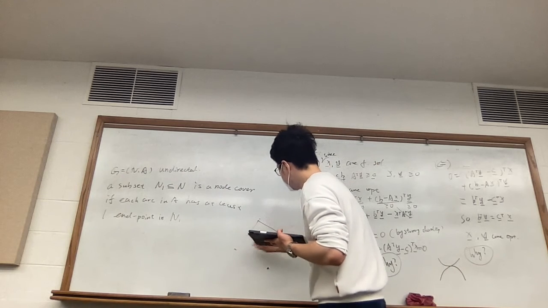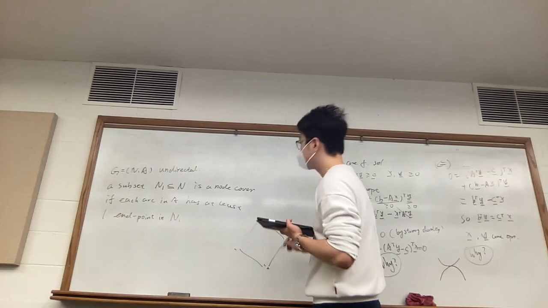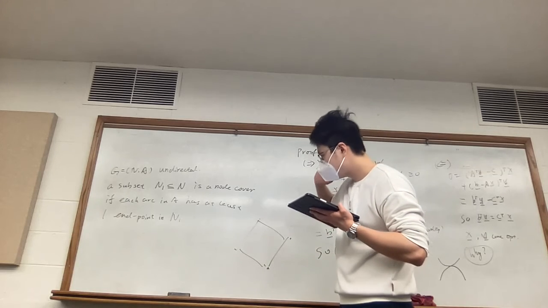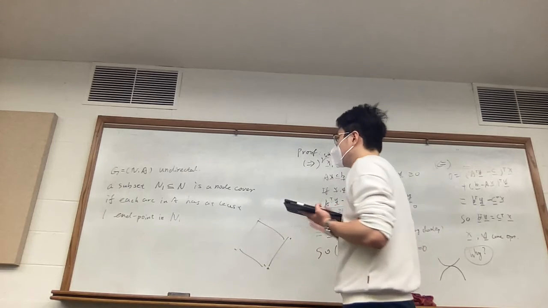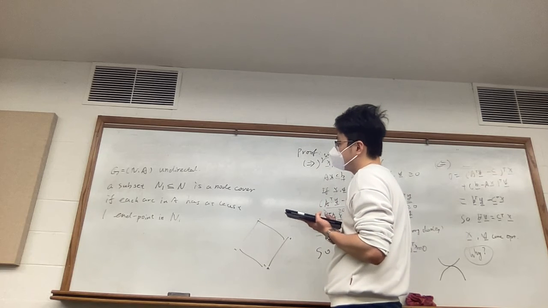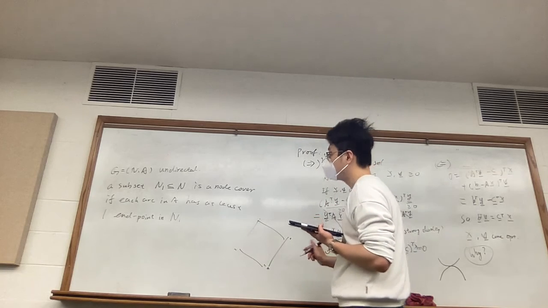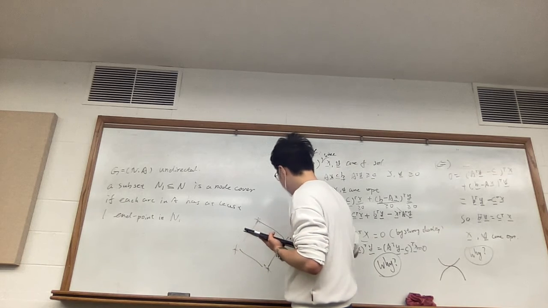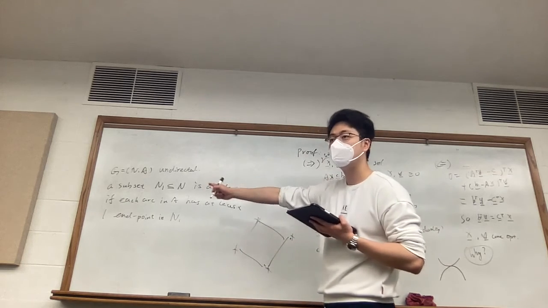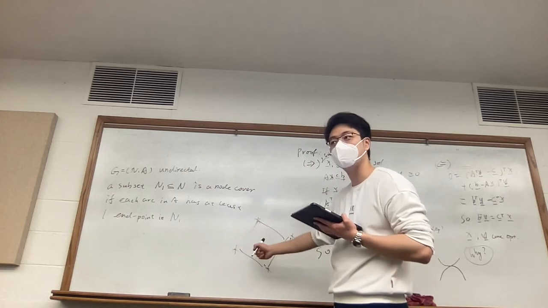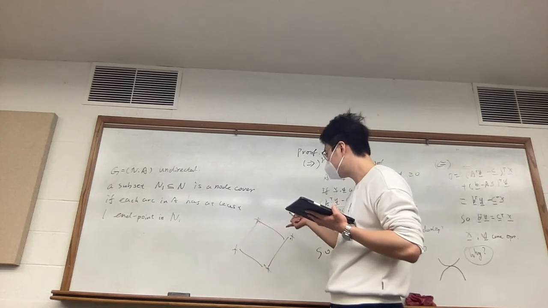This is your graph G. A node cover is a subset of the nodes, and every arc in this graph has at least one endpoint in N1. The most trivial way is that N1 equals N. Then this is definitely a node cover, because every arc has at least one endpoint in this N1.